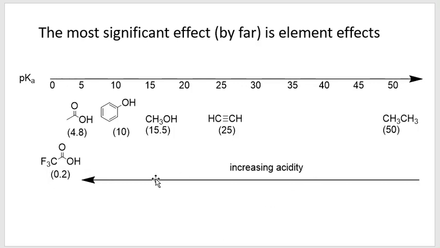Increasing acidity is from right to left on this table, and you can see that when your proton is directly bonded to an oxygen, the compound is much more acidic than when it's bonded to a carbon, a less electronegative element, like with ethane or acetylene here.